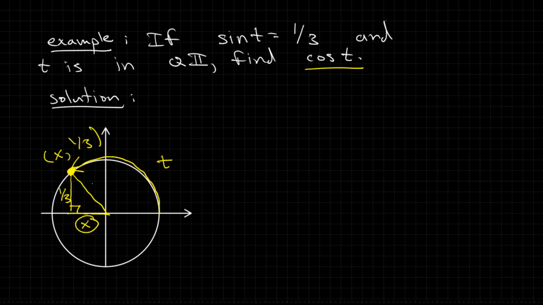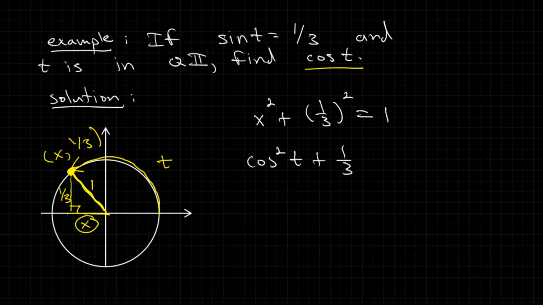We also know that the hypotenuse is 1 because this is the unit circle, and the length of the hypotenuse is also the length of the radius of the circle. And so we can come to the conclusion here that x^2 + (1/3)^2 = 1, and x is cosine of t, so cosine squared t + (1/3)^2 is 1.